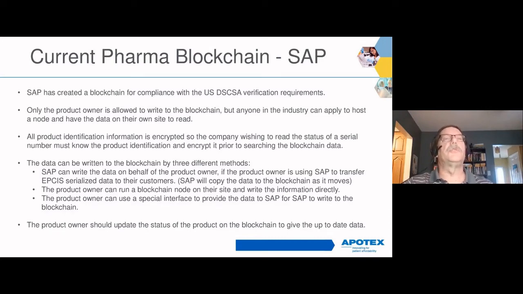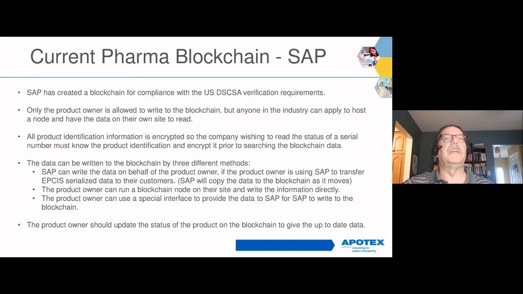And this is done so that even if somebody manages to break into the blockchain, the serial numbers are all protected, because you can't reverse encrypt the data or decrypt the data. You have to encrypt what you're searching with and then go look for the encrypted copy.